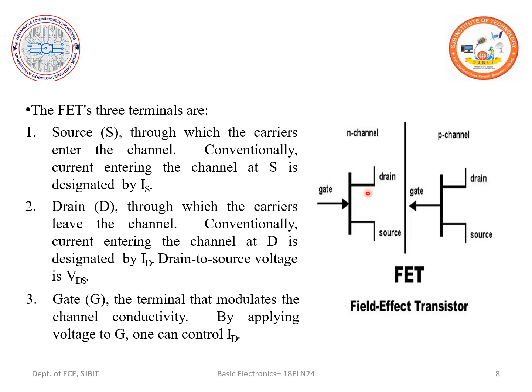Drain to source voltage is represented as VDS, and the current through the source is IS. The gate terminal modulates the channel conductivity by applying the gate voltage. By applying the gate voltage, we can control the drain current ID.